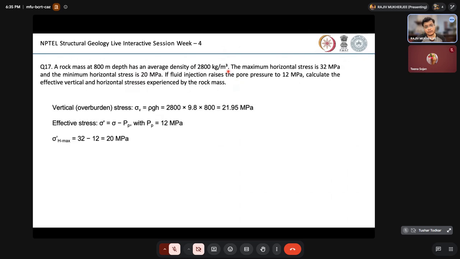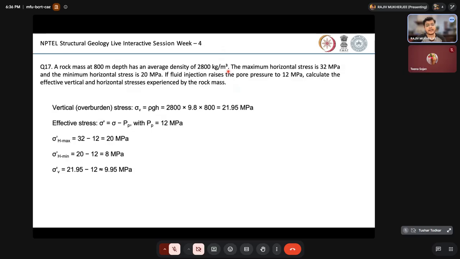So one is, of course, 32 megapascal, the maximum horizontal stress, and it's 32 minus 12. The minimum horizontal stress is 20 minus 12, and the effective vertical stress will be 21.95 minus 12, which is 9.95.